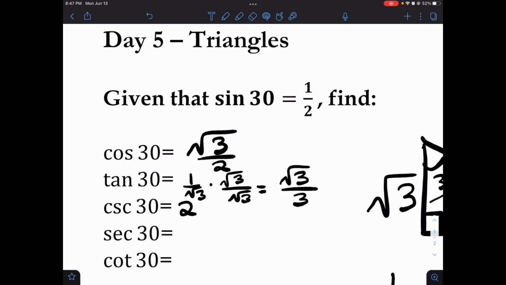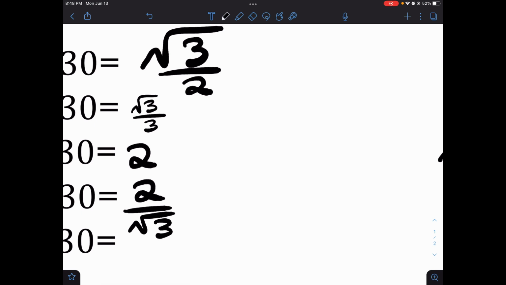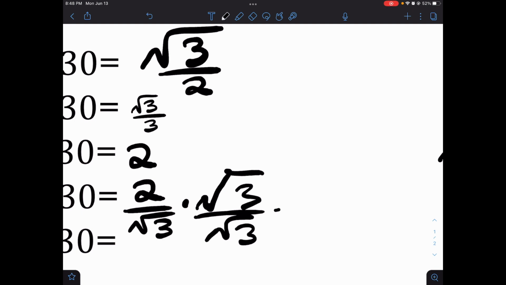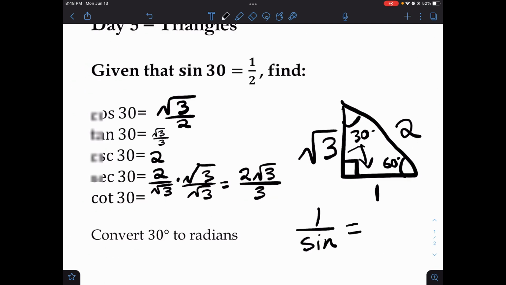Let me just make that more clear. And then secant is the reciprocal of cosine, so that's going to be 2 over root 3, or we have to make that simpler, so it's going to be 2 root 3 over 3.